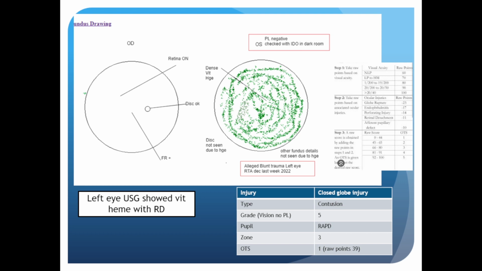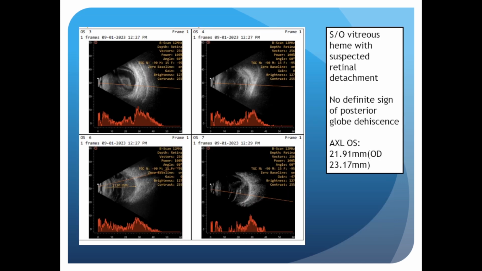Fine. You're showing the ultrasound? Yes, sure. So this was the ultrasound which was suggestive of vitreous hemorrhage with suspected retinal detachment, and there was no definite sign of posterior globe dehiscence. Axial lengths were comparable in this patient. Just keep that ultrasound.